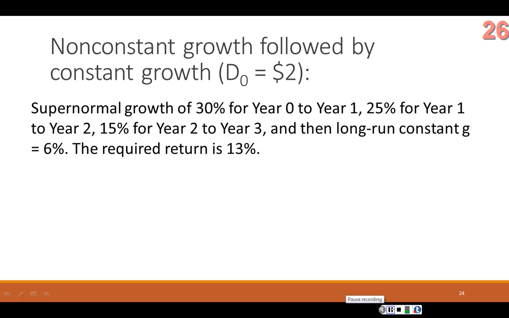The required return is 13%. So again, it helps if we put this on a timeline, just like we have every other problem in this course. So again, D0 has already been paid, so that does not factor into our valuation of the company.